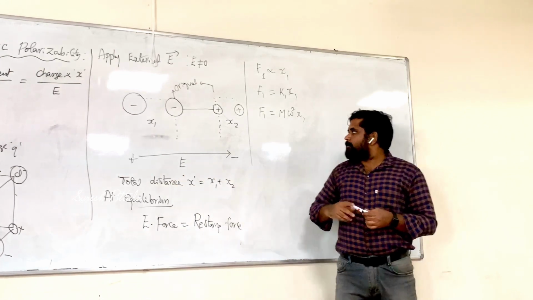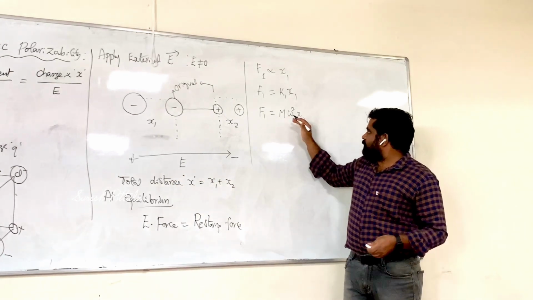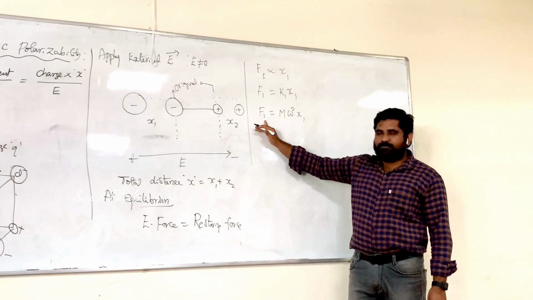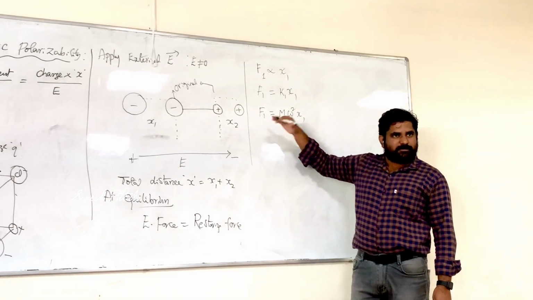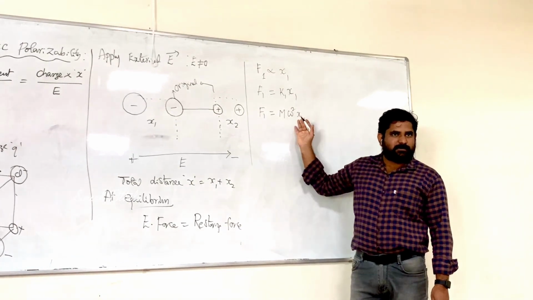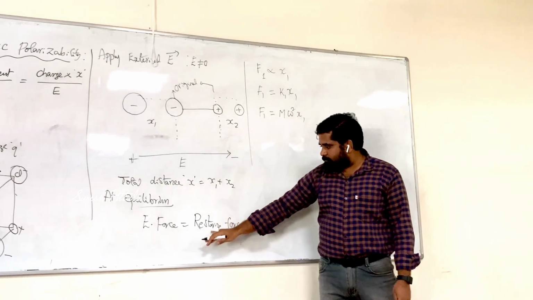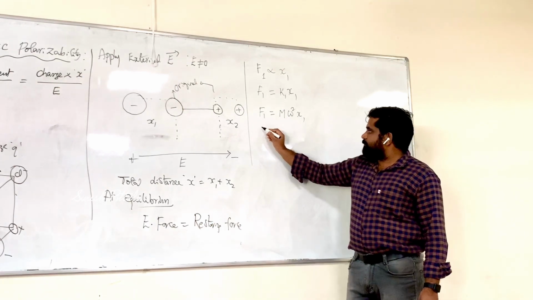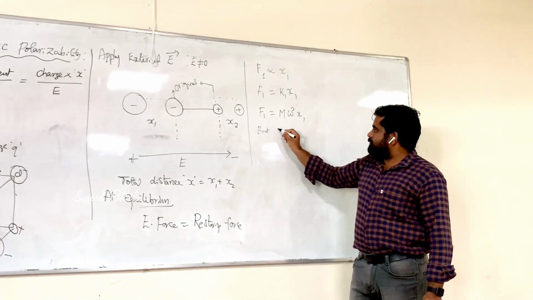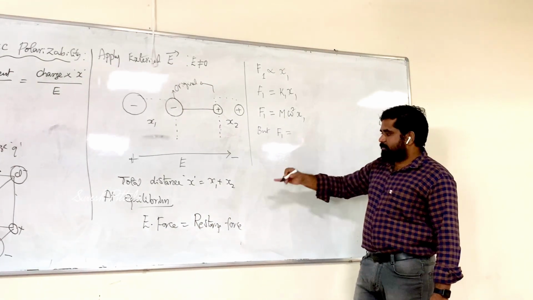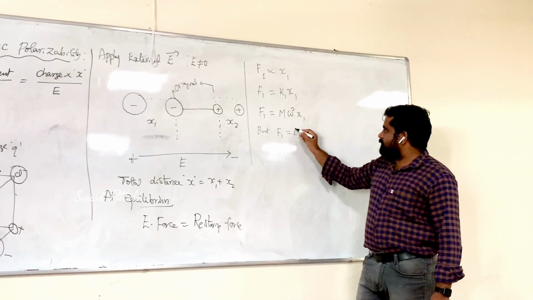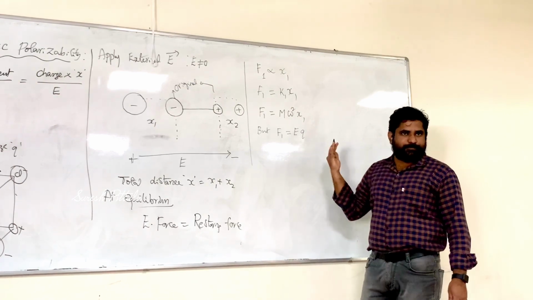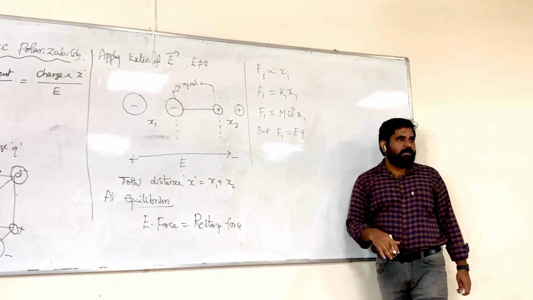Let us see. So you need to know your x1. But what is the force? F1, the restoring force, is equivalent to the electric force. This restoring force F1 is equal to the electric force, which is E into Q, the charge, when you apply an electric field.